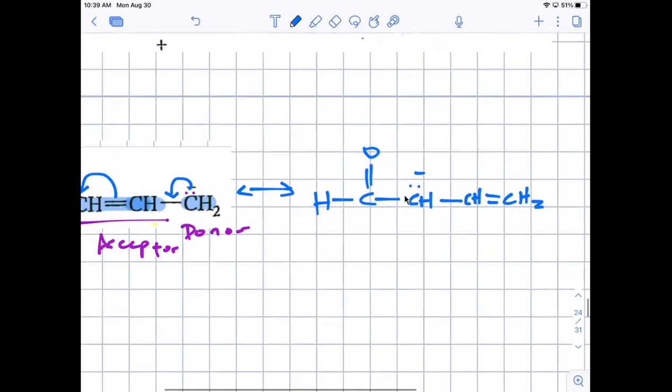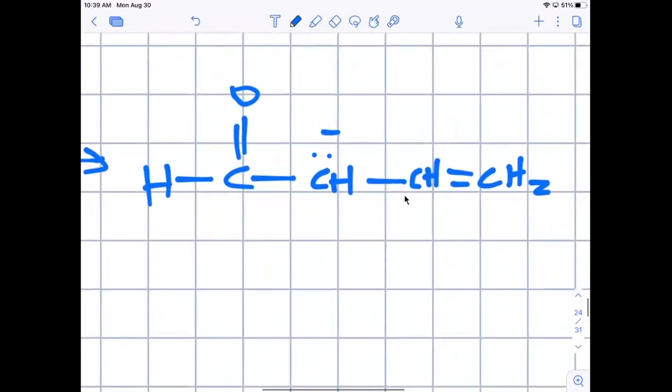Right, so now I have that negative charge on this carbon right here. And can I do resonance again? Do you see the pattern? You see how that carbon is adjacent to a carbonyl, which contains a pi bond, is that right? So what would you do there?